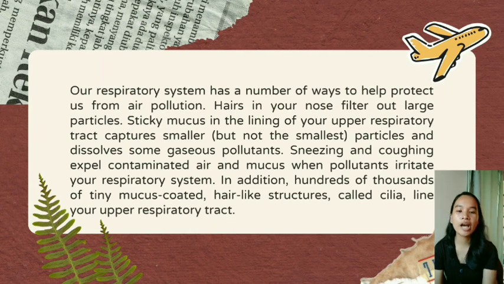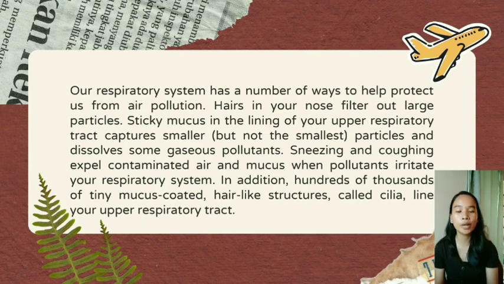In addition, hundreds of thousands of tiny mucus-coated hair-like structures called cilia line your upper respiratory tract. They continually move back and forth and transport mucus and the pollutants they trap to your throat, where they are swallowed or expelled. Prolonged or acute exposure to air pollutants, including tobacco smoke, can overload or break down these natural defenses.